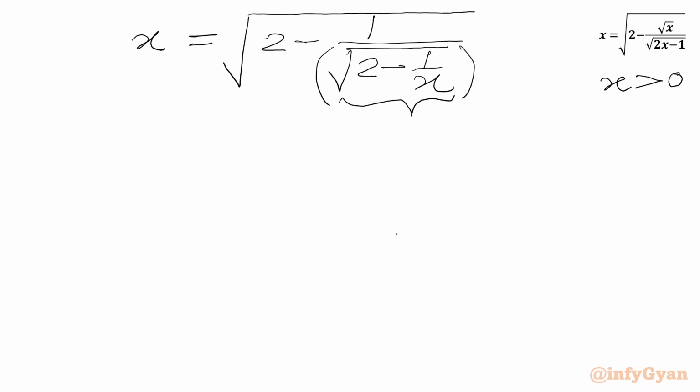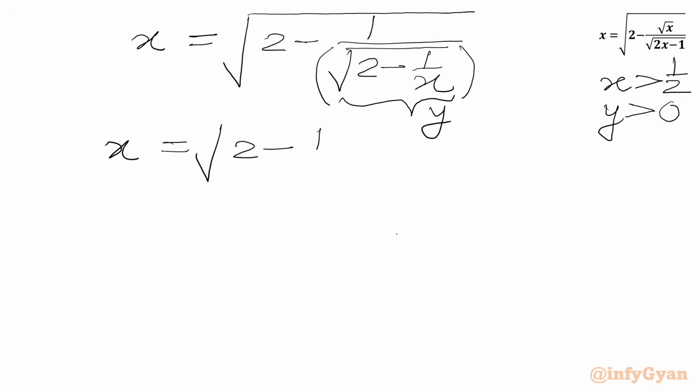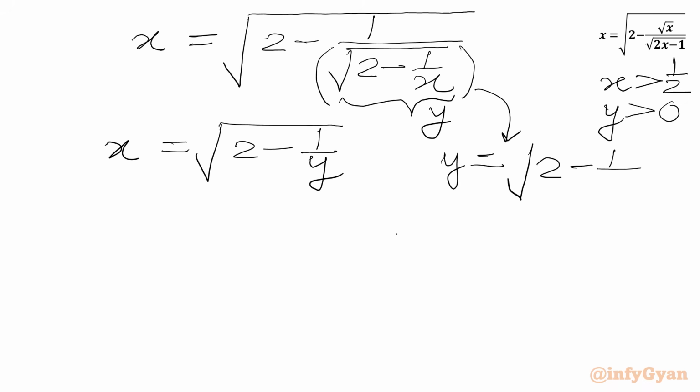If this is equal to y, then y must also be greater than 0. Basically x was greater than half. Let me write half only. So both are positive. Now x will be equal to square root of 2 minus 1 over y. And here we have y equal to, from our substitution, square root of 2 minus 1 over x.